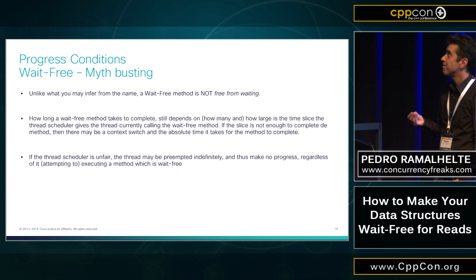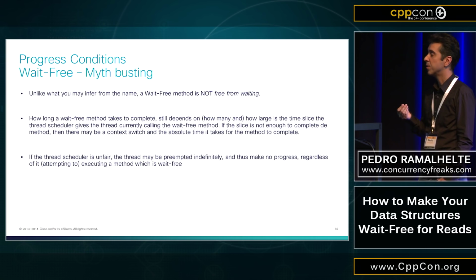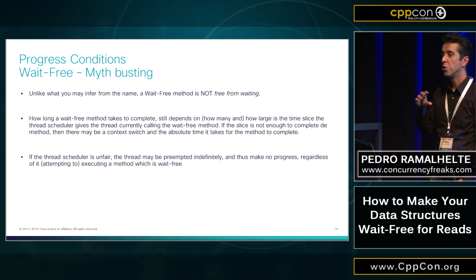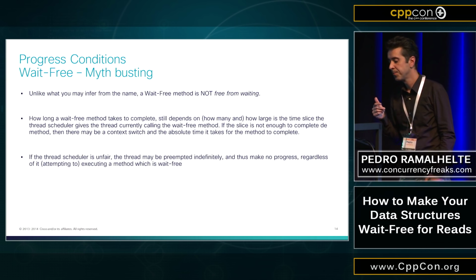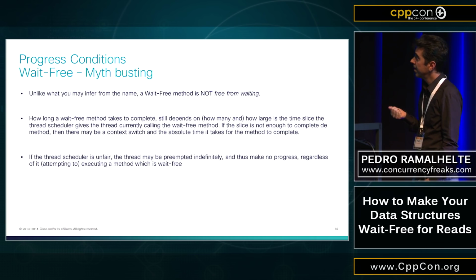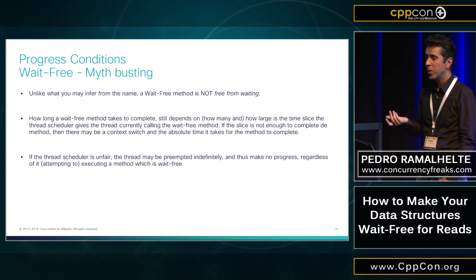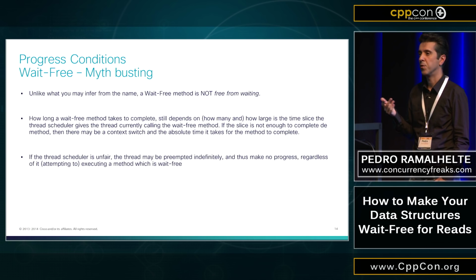One thing about wait-free that's not obvious is that wait-free is not free from waiting. Like I said at the beginning, there's no time associated with this. Even wait-free methods still depend on the time slices they get from the thread scheduler.